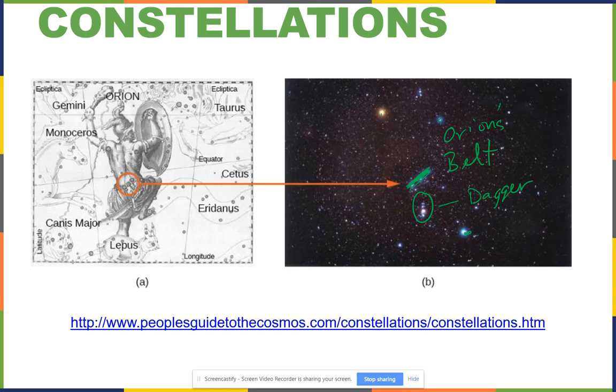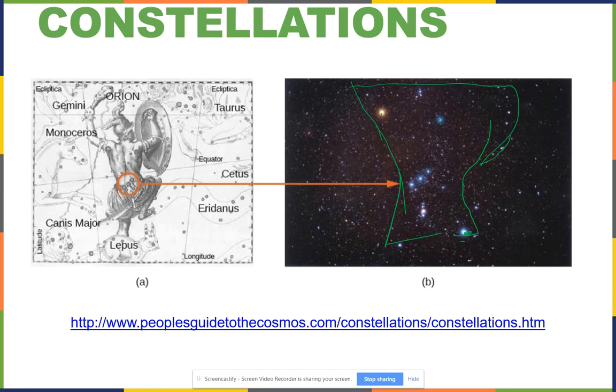Rigel here, front foot. So you have the stars making up the picture, and the actual constellation, well, do I have... Nope, I don't have a picture of it. Okay. The actual constellation is cut off really close here. It comes out something like this. That's my best artist rendition.